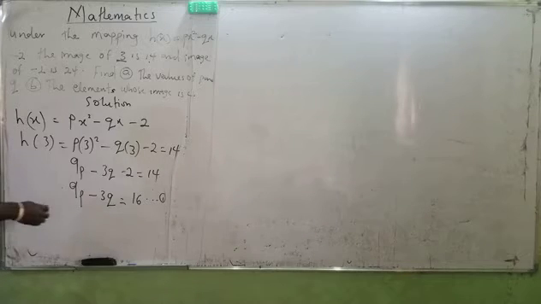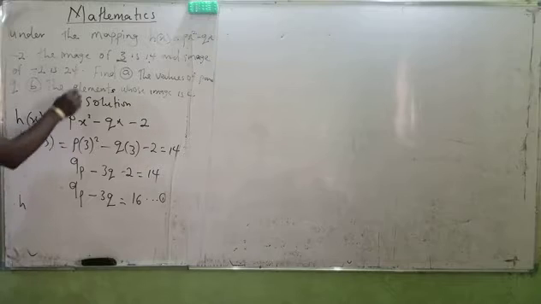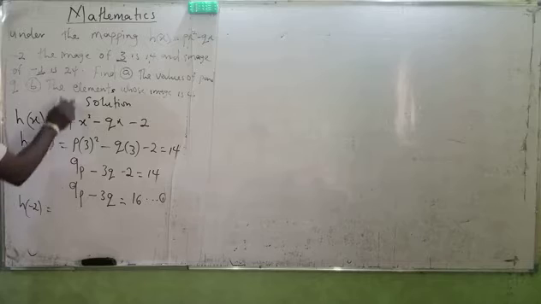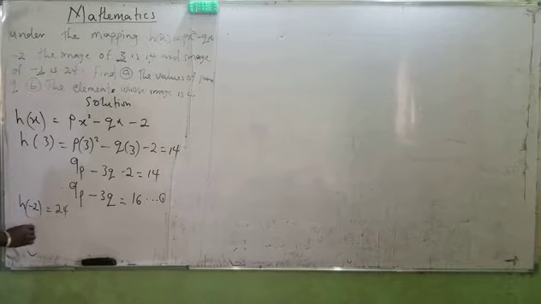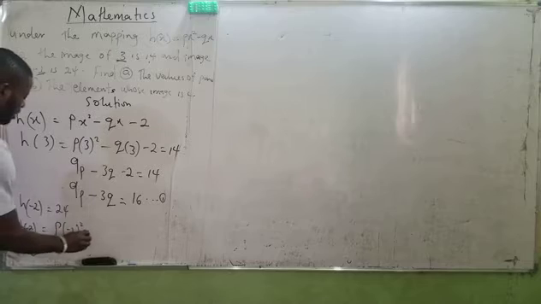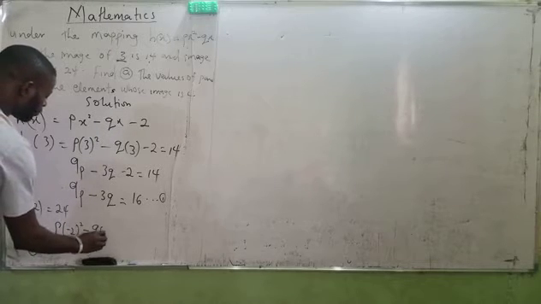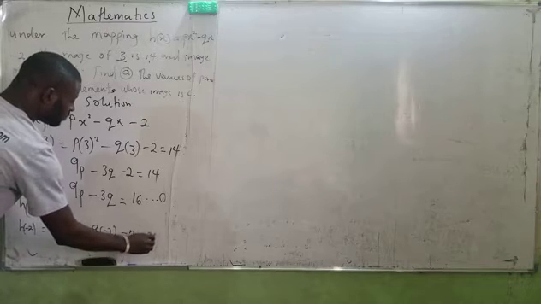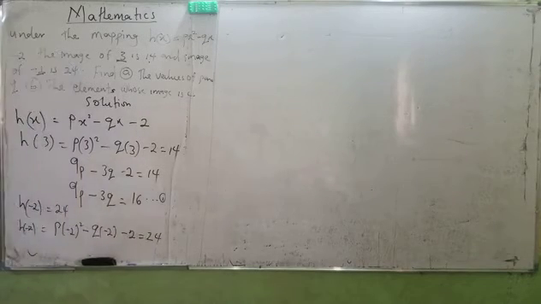Now I'll move on to the next one. Yes, 16. Now h of minus 2 will be equal to 24. By interpretation, h of minus 2 equals p times minus 2 squared minus q times minus 2 minus 2 equals 24. Yes, 24.